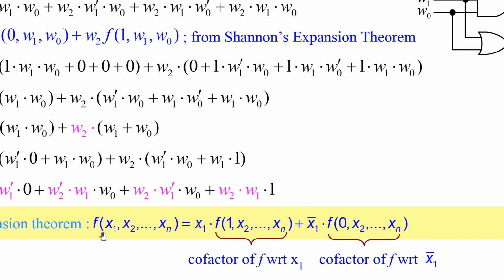If your function has input variables x1, x2 to xn, and you expand about x1, your function can be written in this form, namely x1 multiplied by the cofactor of the function with respect to x1, plus the complement of x1 multiplied by the cofactor of the function with respect to x1 prime.